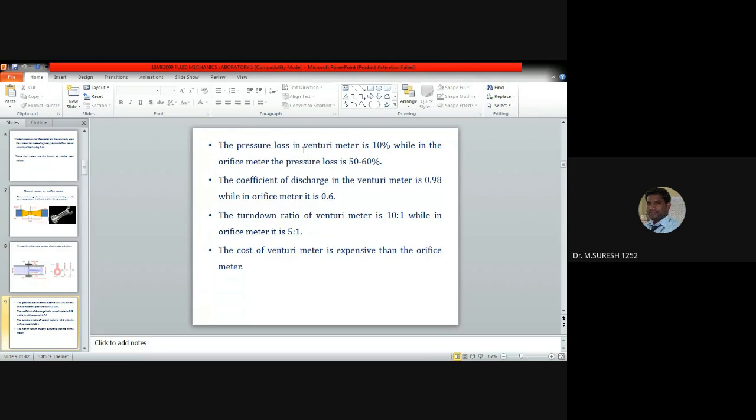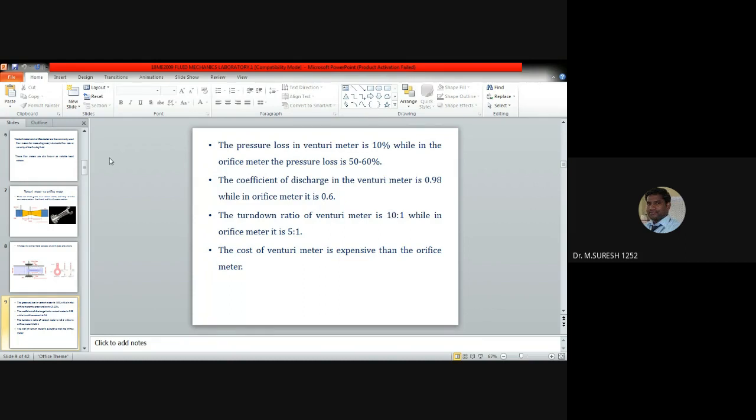Regarding the coefficient of discharge, venturi meter is 0.98 and orifice meter is 0.6, and I already told you the turn down ratio.